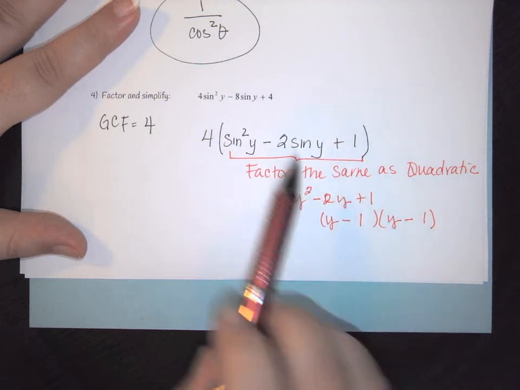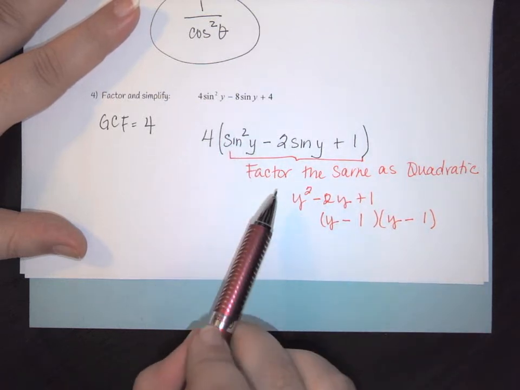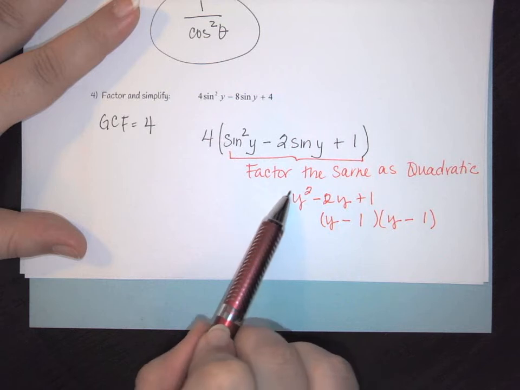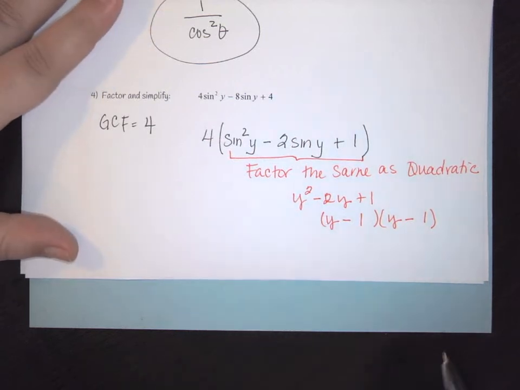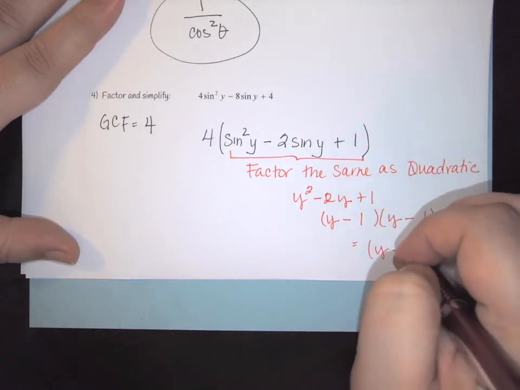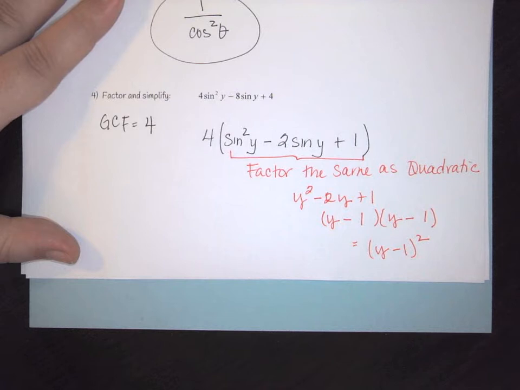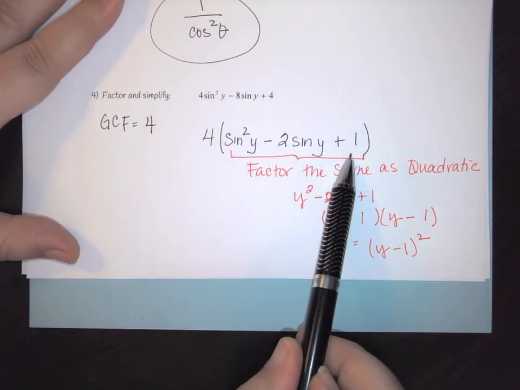Well, in order to do this, the only thing that's different is we have this sine piece. So instead of this being y squared, this would have been sine. So what happens is, once you factor it down, we would say that this was the same as y minus 1 squared. So we use that same idea here with our sine.